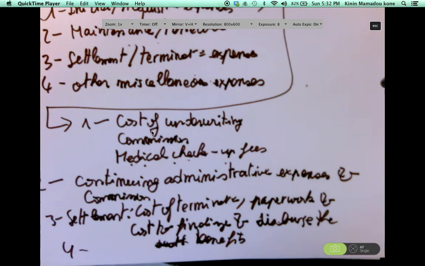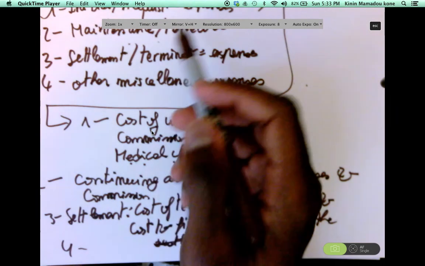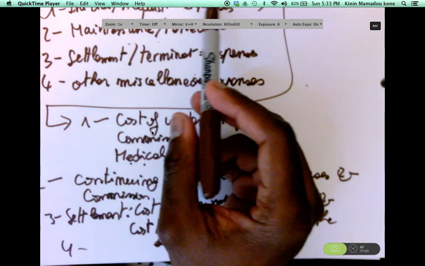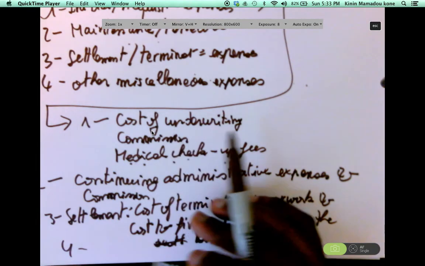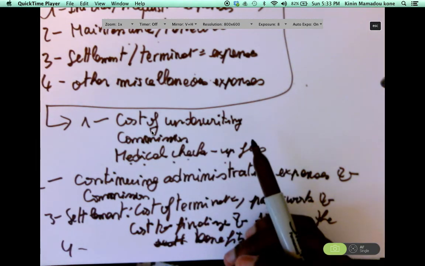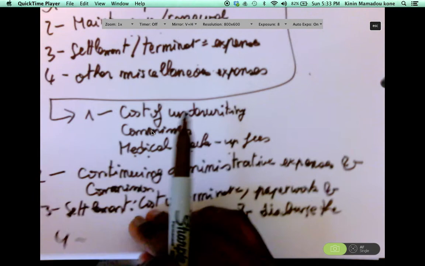So for example, we also need to compute the actual present value of those expenses. We have four types of expenses, and for those we have to compute the actual present value.